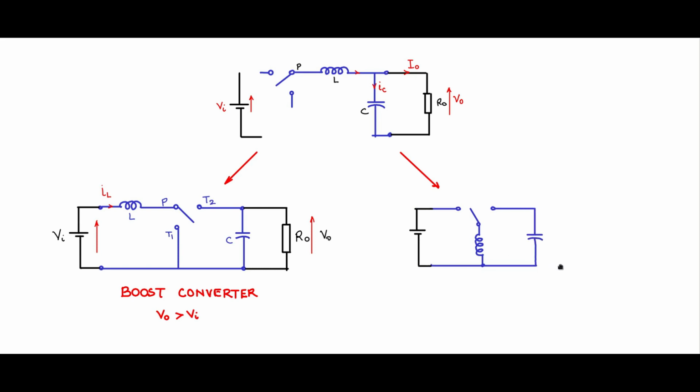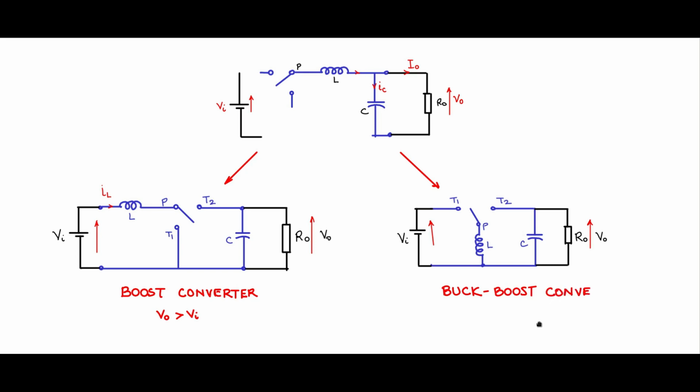So complete the circuit in this fashion and you have the output. Vi, R0, V0 and Vi, L, C. This is pole, throw 1 and throw 2. So this is called a buck boost converter.